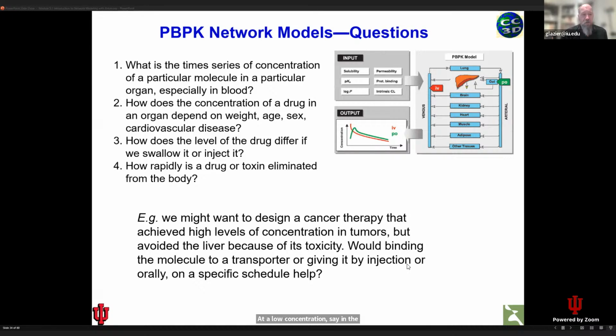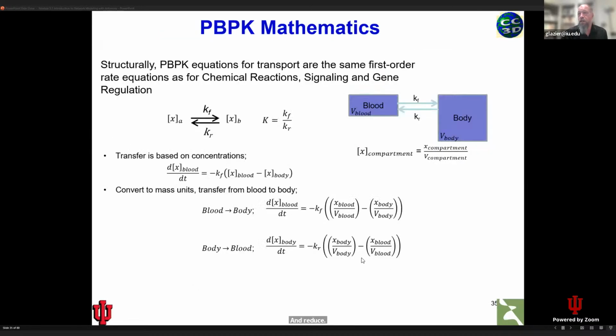We might ask the question, would attaching that molecule to some kind of binder, for example, putting it in a liposome or attaching it to a nanoparticle, or attaching it to an antibody, would that help us get it to the place we want it to be and reduce it getting to places we don't want it to be?